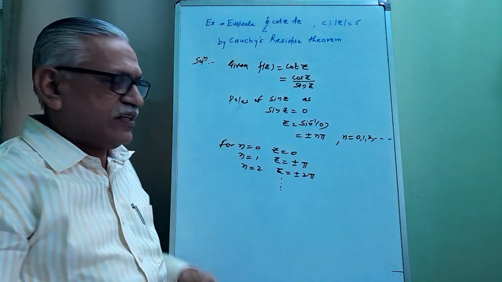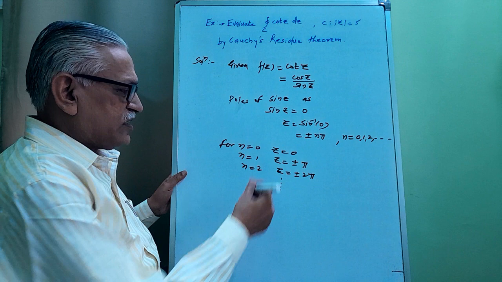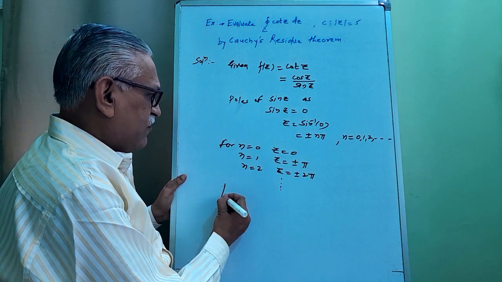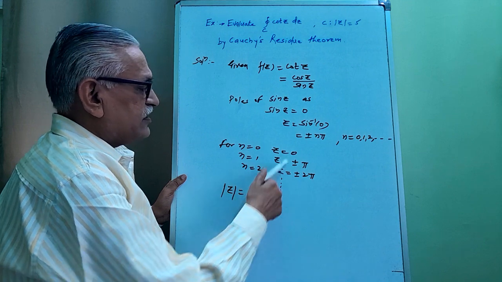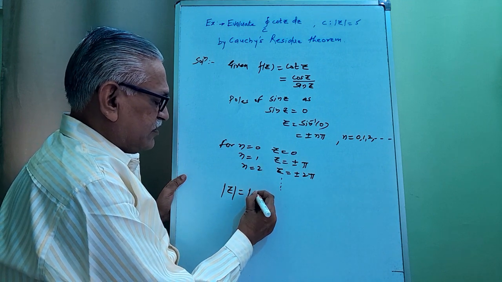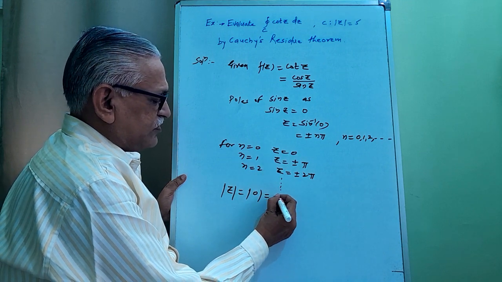Then we check whether the point lies inside, on, or outside the curve. Therefore, mod of z at z is equal to 0 becomes mod of 0, the absolute value of 0 is 0.